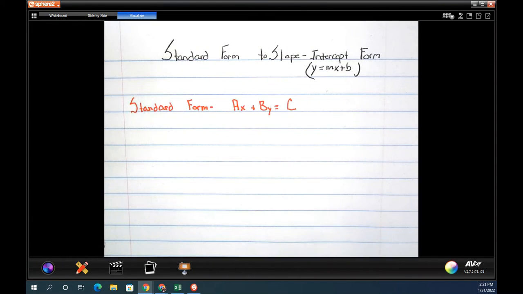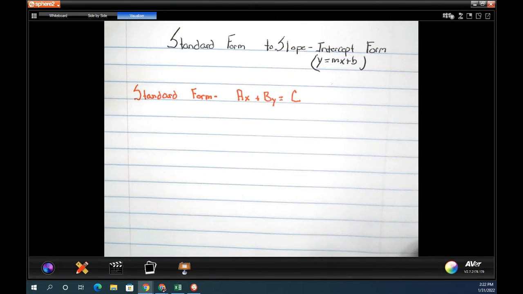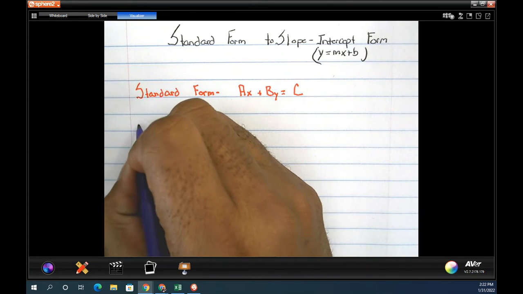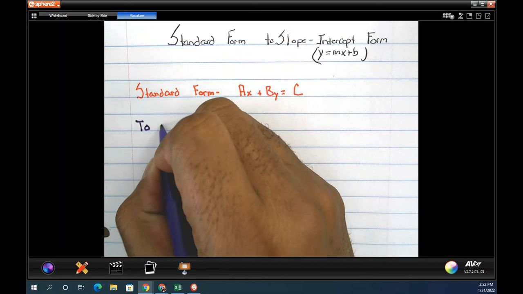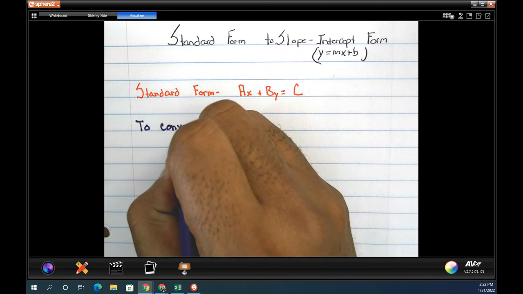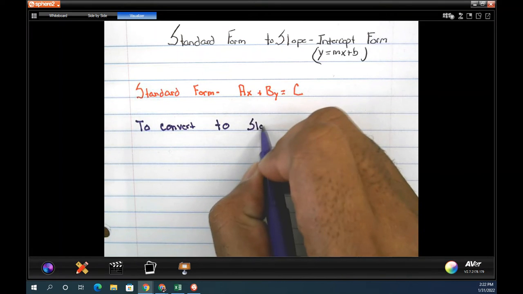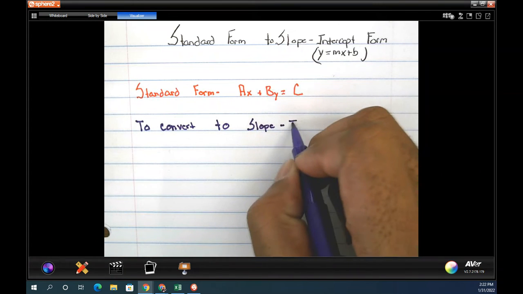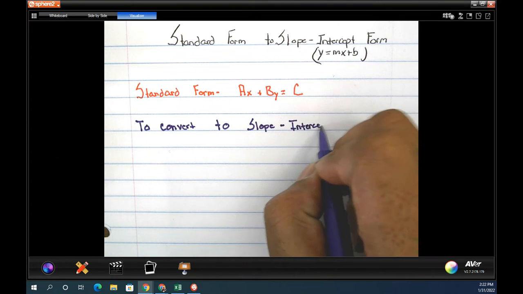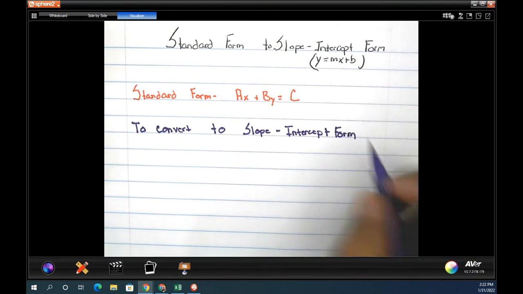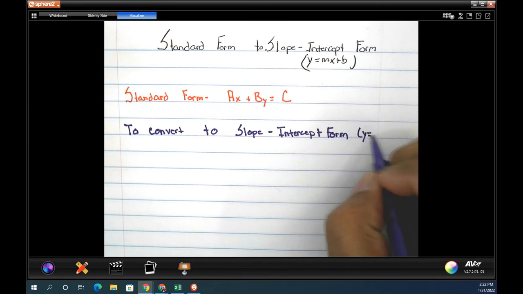Now, here's the thing. Two rules. In the 20-something years I've done this, these two rules never change. Let's just put this here first. To convert to slope intercept form, which is just y equals mx plus b.